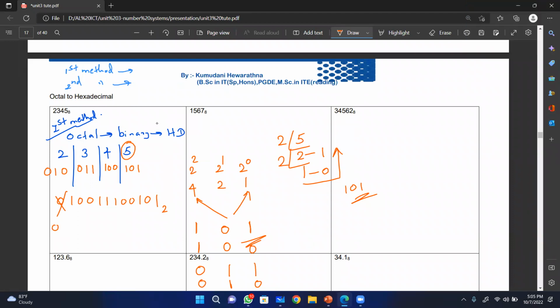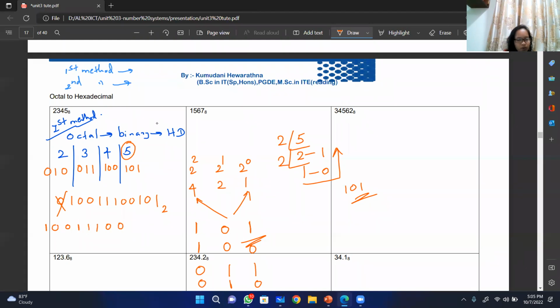We have to divide it into clusters of 4. You have to divide each of these numbers as parts of 4s. 1 1 1 0 0 1 0 1, right? From this point onwards, just cluster it 4 by 4.